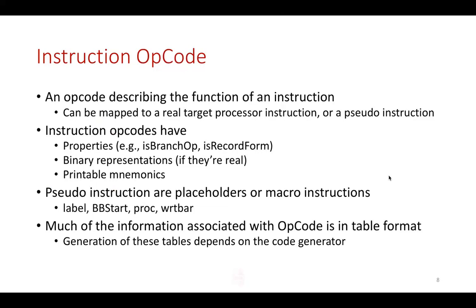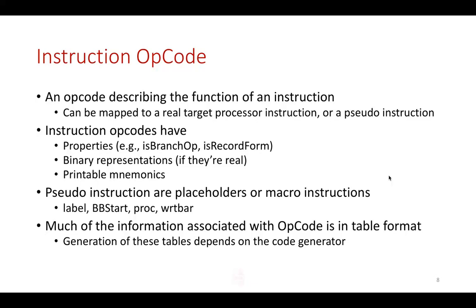Now, I mentioned pseudo instructions. These are really just placeholders, or they are macro instructions. Some examples of these would be a label. In your instruction stream, if you want to provide a target to branch to, you would create a label symbol that's associated with a label instruction, and then you can create a branch that goes to that label.